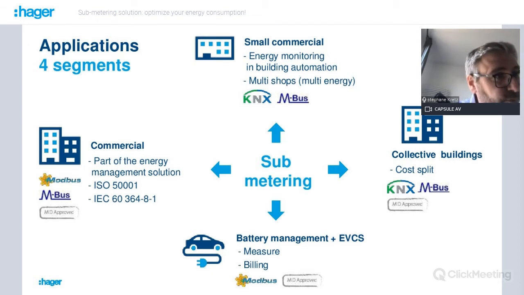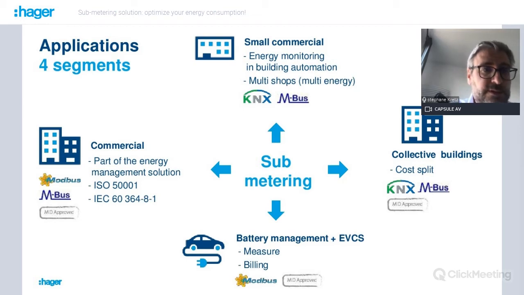First, on your left, you have commercial. We said it's interesting to have it in your main distribution board, sub-distribution boards, to see what happens. Linked to your metering plan, you want to see the detail of your consumption. So for your commercial application, it's part of your energy management solution.